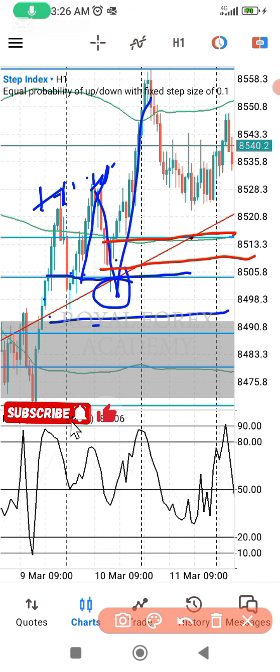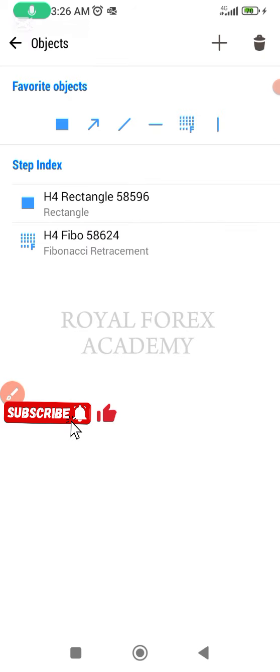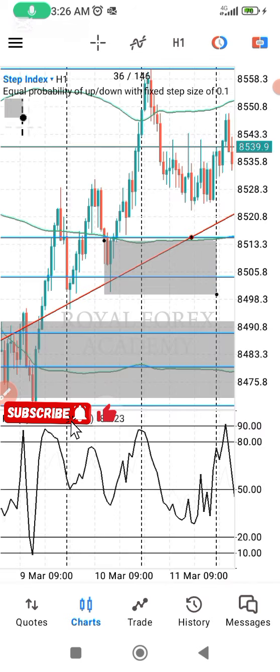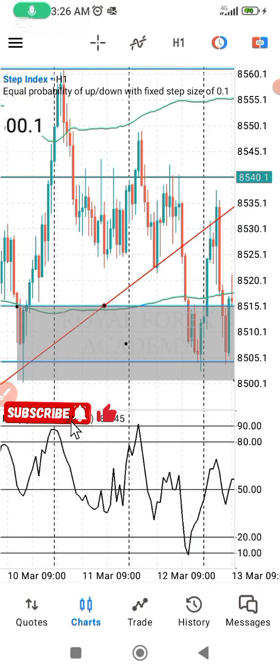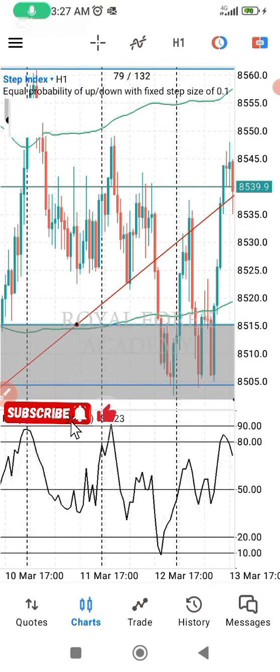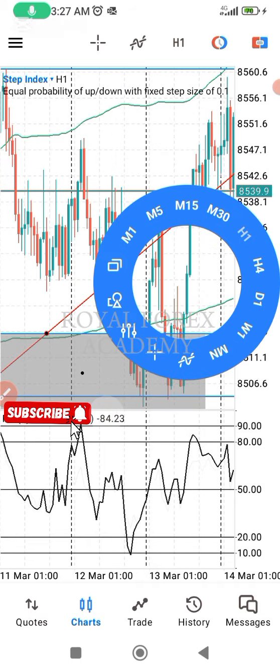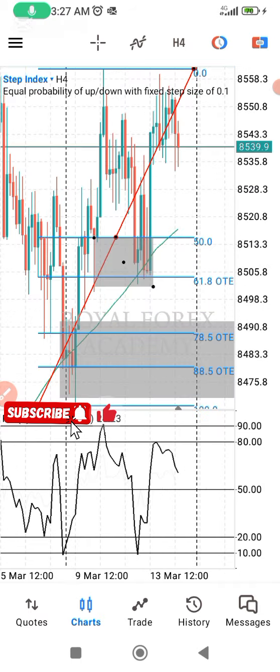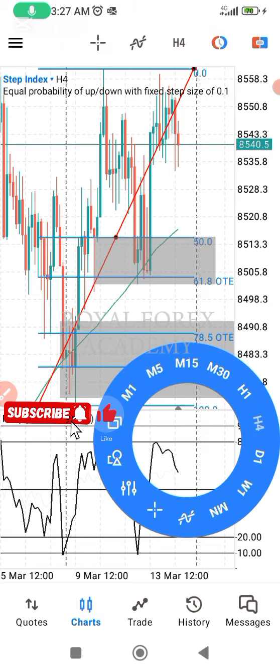So this new order block, price has not mitigated. So what do we do? Let's mark out that new order block, which is this. So you can see now that on our H4, that new order block on the H1 is where price came to make this particular retest.